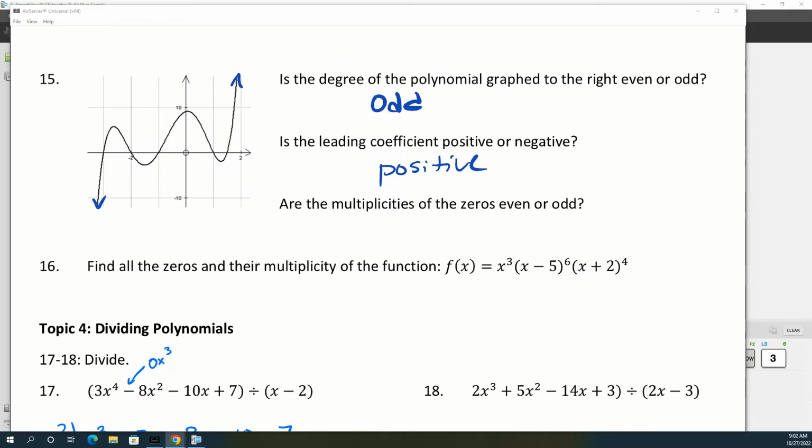We have a bunch of zeros, but I noticed at those zeros everywhere, it just goes straight through. So what type of multiplicity would that be, even or odd? That would be odd. For an even multiplicity, it would need to bounce.